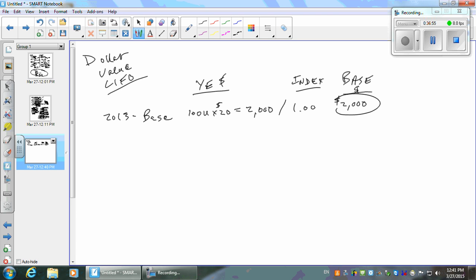And this is LIFO, so do we think we sold any of that? It says 150 at the end. Nope. So what do we need to do? Need to add a new layer, don't we? How are you going to get that? What would you use?